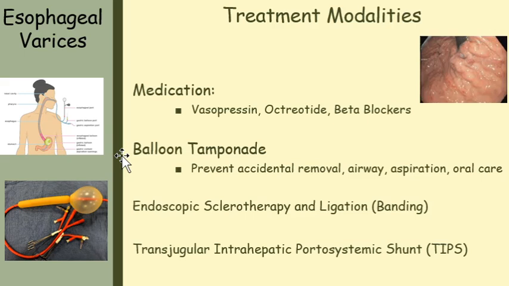Me personally, I've only seen one patient who had esophageal varices with a balloon tamponade. And this one, they did not want to lose that because it was in the esophagus. They didn't want it to go anywhere. So there was a string that was tied around it. We had to keep scissors at the bedside.